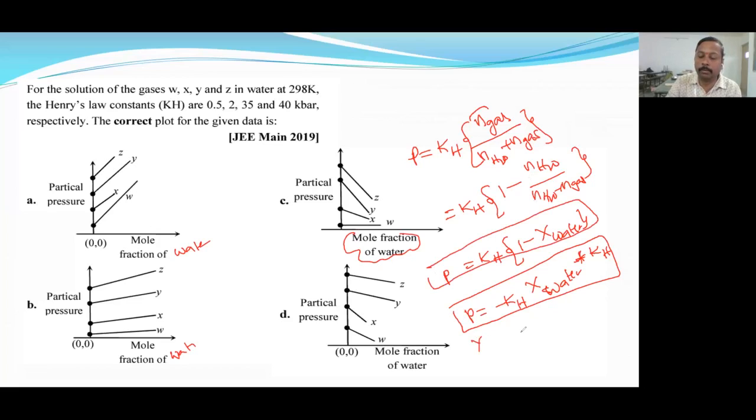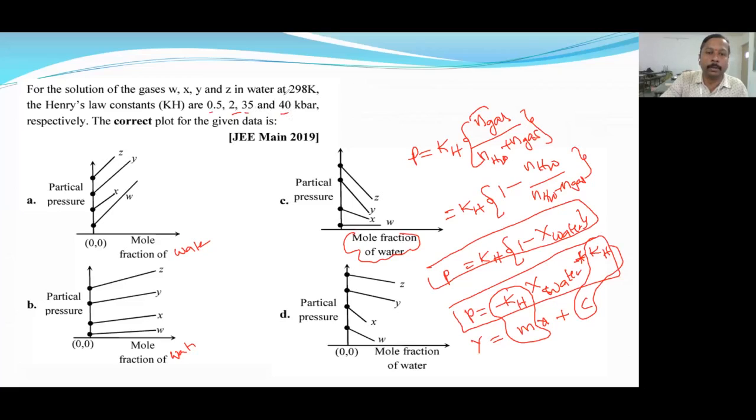So then we are getting something like this equation. To put it into the y is equal to mx plus c form, one thing you can find: the slope is negative, that means the line should go down, and the intercept is directly proportional to Kh. So wherever the Kh value is higher, that intercept should be higher.